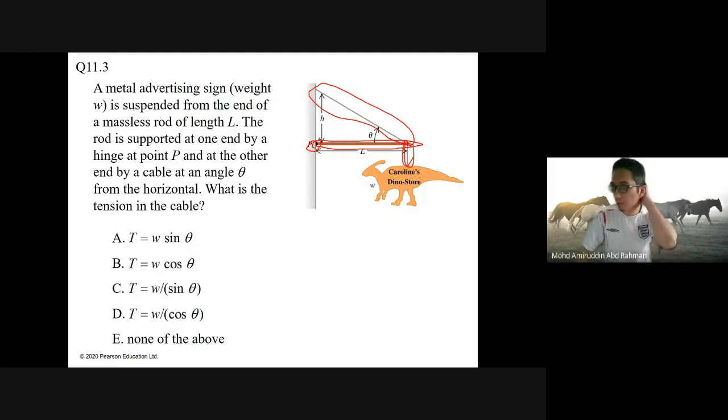Okay, how do you solve that? So how do you know what is the tension of the cable? What is the tension of the cable?